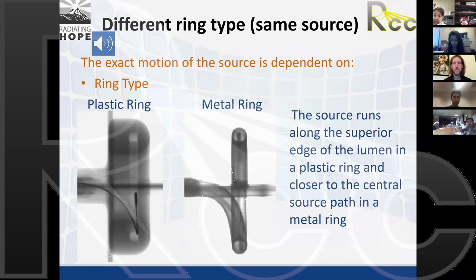You can see that the plastic ring has almost a U-shaped channel for the source to travel in, whereas the metal ring has a very spherical type channel for the source to travel in. And this is part of the reason why the source behaves differently in different types of applicators.